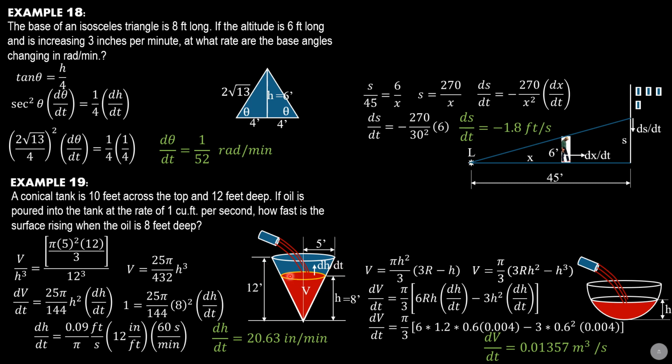You may denote the radius of the water surface at any time as r, then find a way to express that in terms of h. Then the differential volume here, it's like a coin, is pi r squared, where r is in terms of h, times differential h. So the thickness of this coin-like surface is dh.